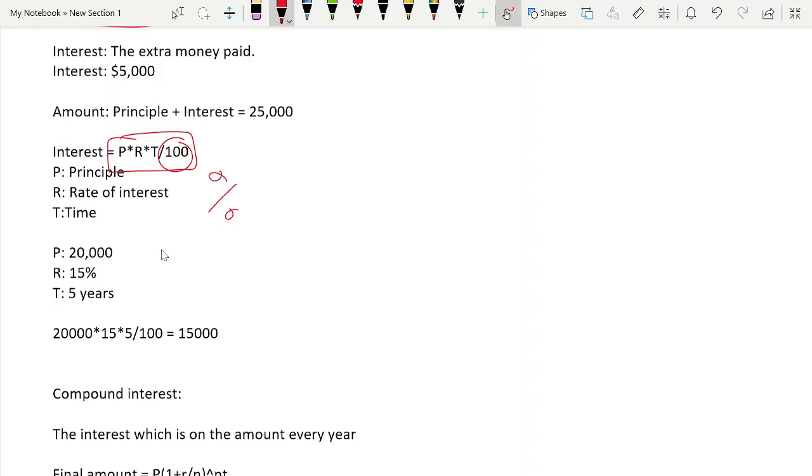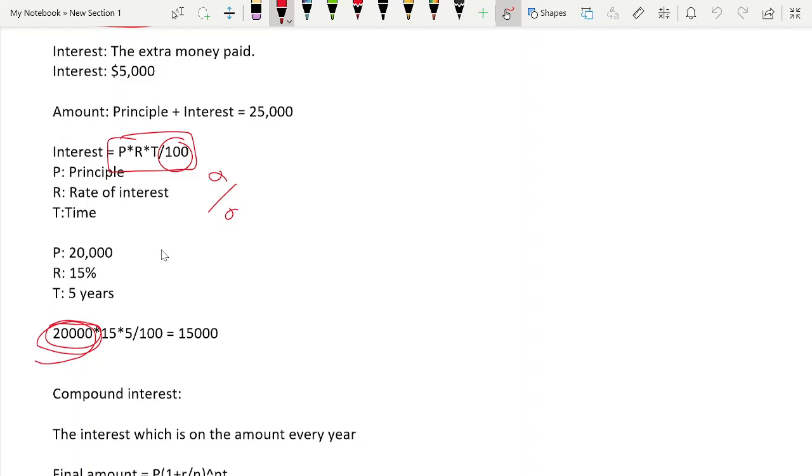So if you have this, so after 1 year, that $20,000 will have how much more interest? They will have 5,000 more interest, right? Wait, so $5,000 of interest. So that's how much they will have to pay. No, sorry.